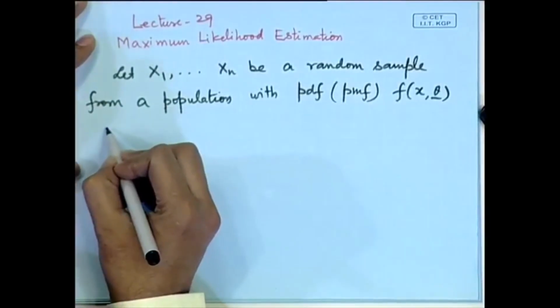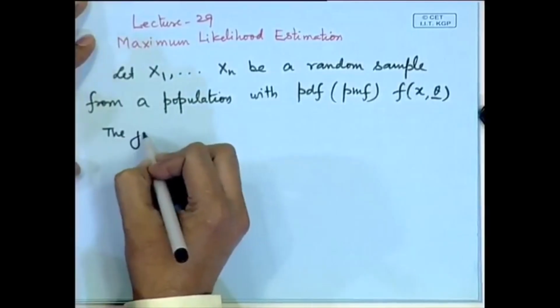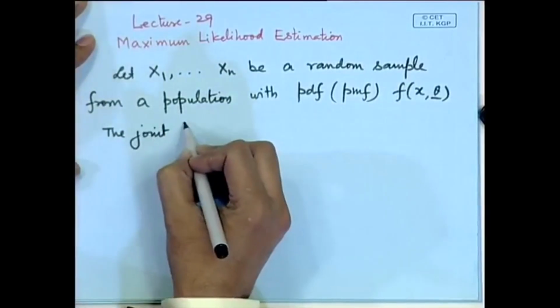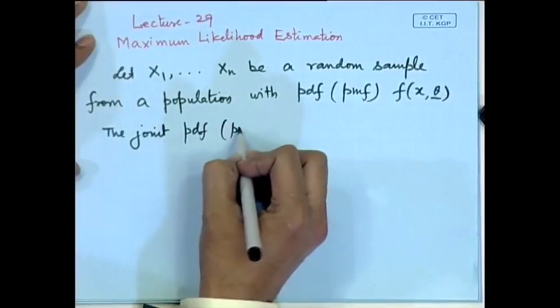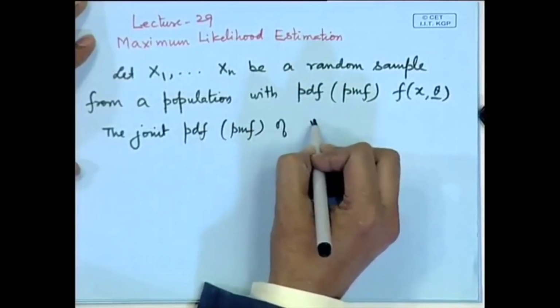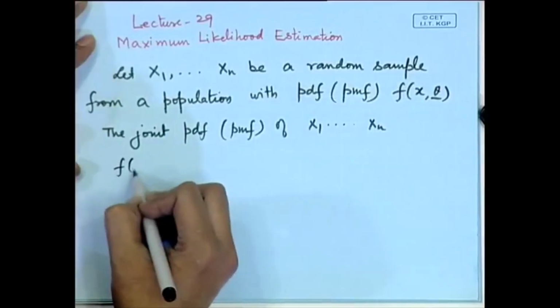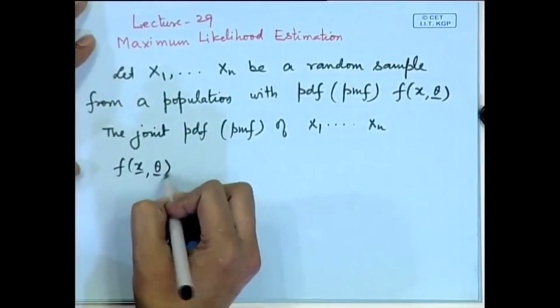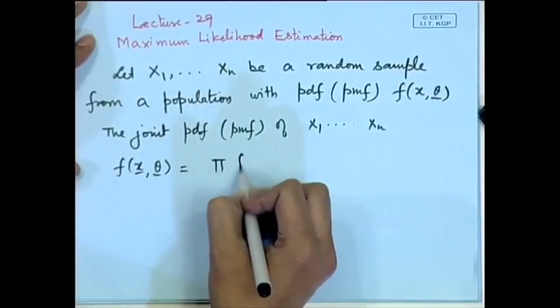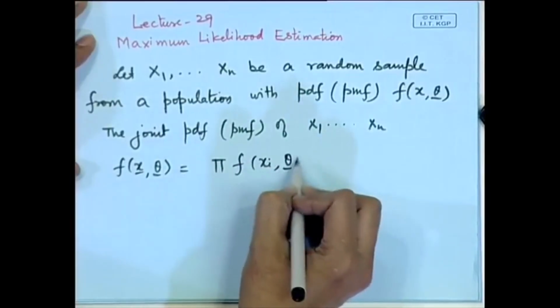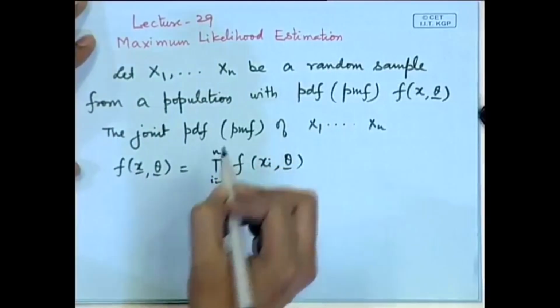We write the joint PDF or PMF of X1, X2, ..., Xn as f(x; theta) equal to the product of f(xi; theta), i equal to 1 to n.